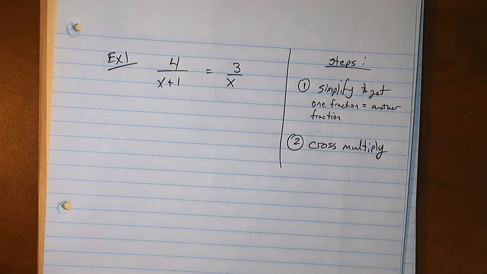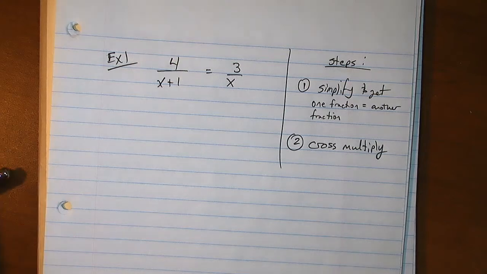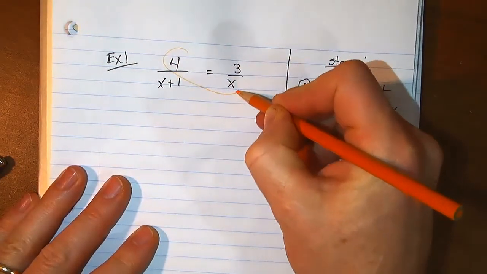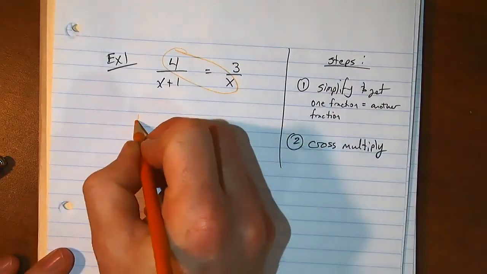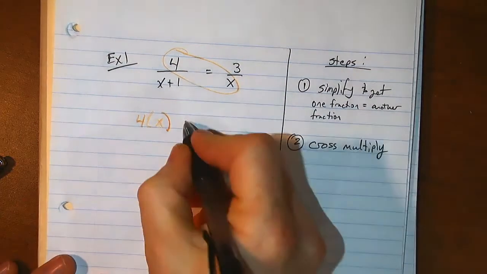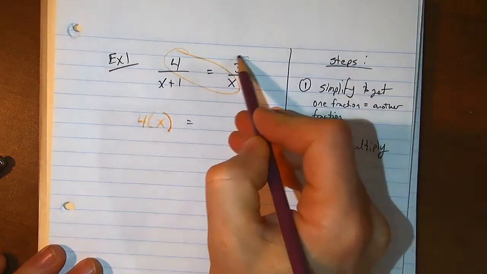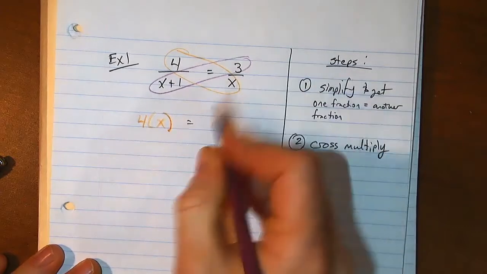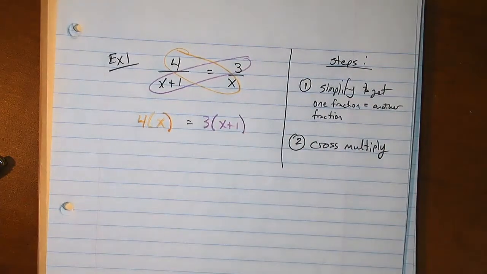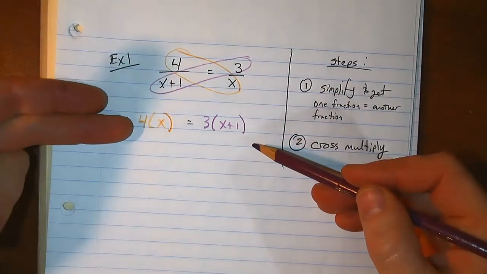So when you learn how to solve proportions back in middle school, you learned that they have this property that if you multiply across the equal sign diagonally, so I would multiply those two things together, 4 times x, and multiply across the equal sign diagonally in the other direction, so multiplying these things together, 3 times x plus 1, proportions have this property that if these two things were equal to start with, then these two things are still equal now.